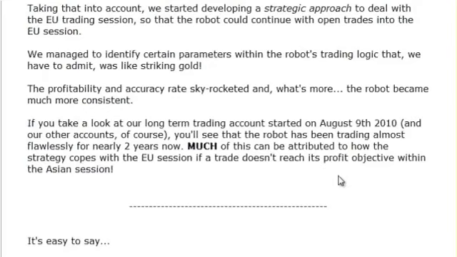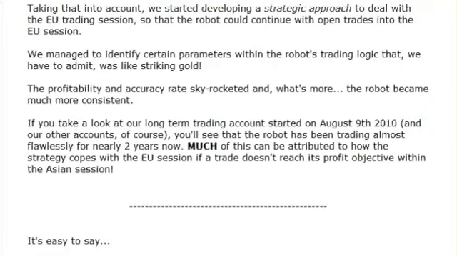And that spelled for us a great opportunity for extending the lifespan of the robot's trade so it can capture more profit. So taking that into account, we started developing a strategic approach to deal with the EU trading session so that the robot could continue with open trades into the EU session.